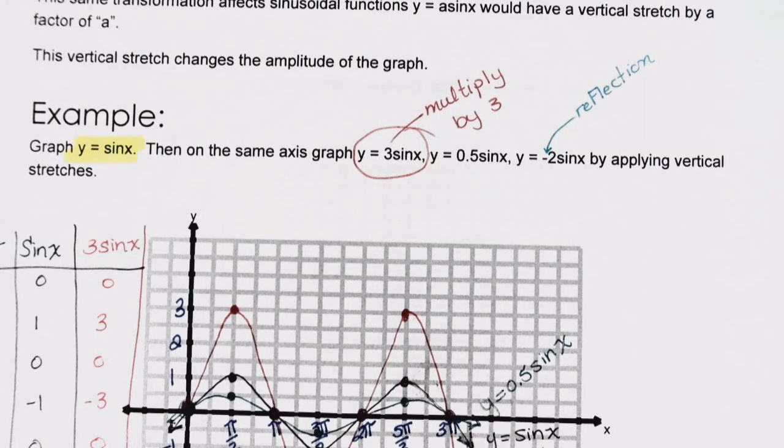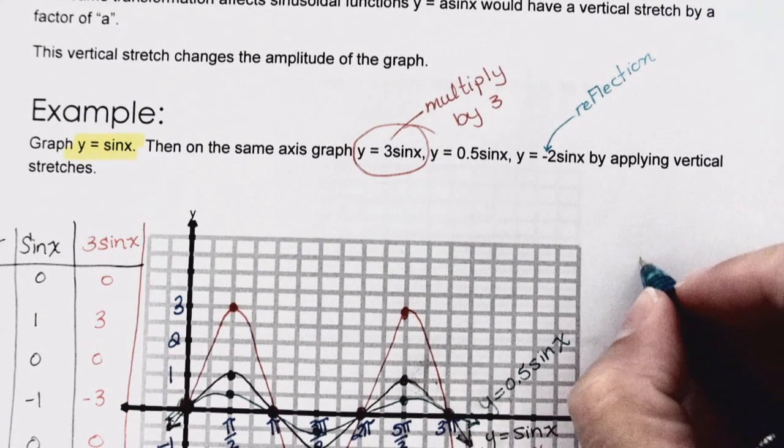In this case, I'm actually timesing by -2. So I'm going to have a vertical stretch, but I'm also going to have a reflection. So what happens to the maximums? They were maximums. I've reflected them. They now become minimums. Does that make sense? They go from a max reflected to a minimum.